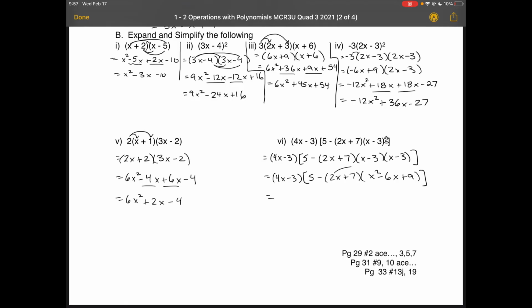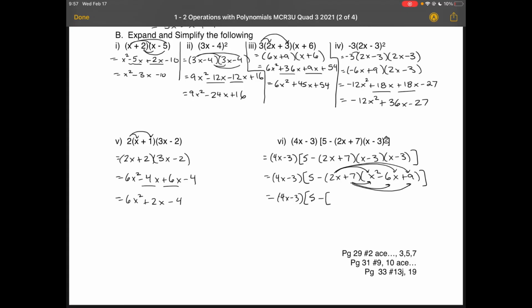And now I can continue by distributing the binomial into my trinomial. It's important to make sure everything in that binomial gets multiplied by everything in the trinomial.